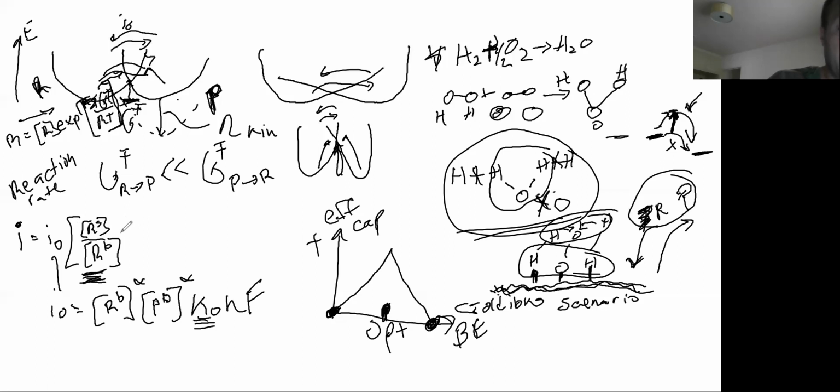Then you're going to have an exponent of, I always forget which one's on top here. It's probably nF over RT times the overpotential, so this is the overpotential.